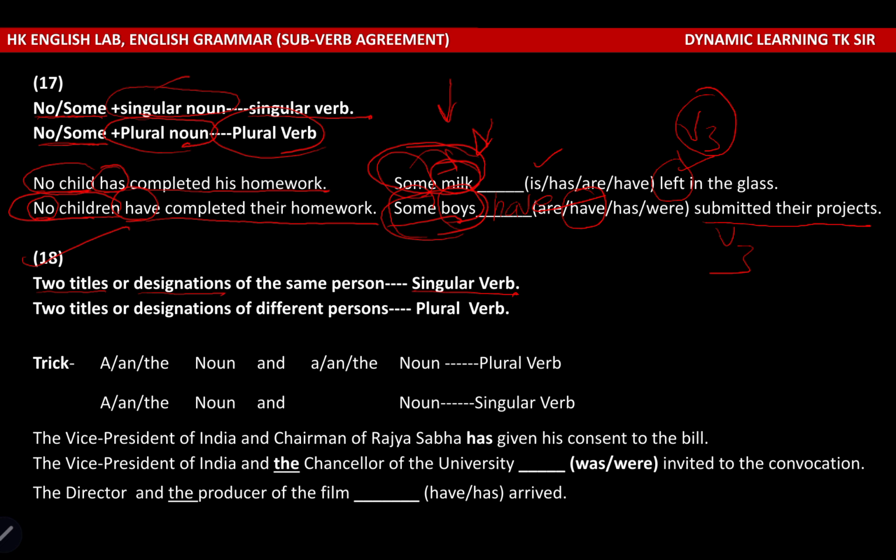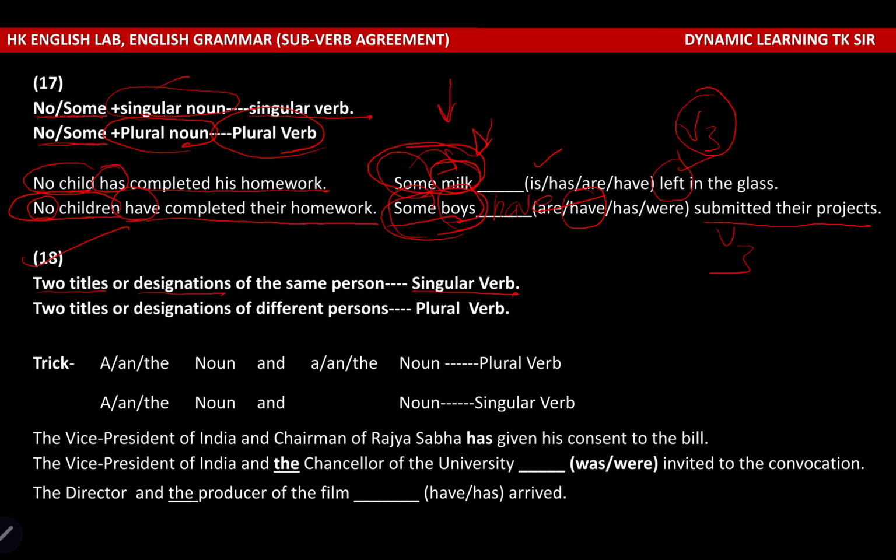Don't you think that he is one person? One person, but he has two designations. So in this case, you will take the singular verb.